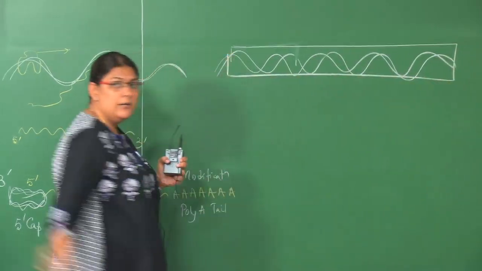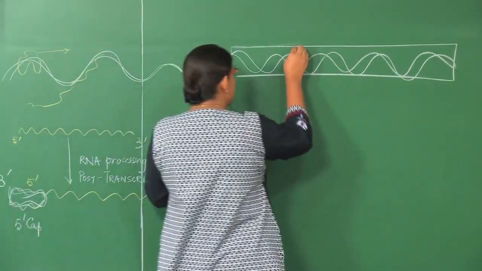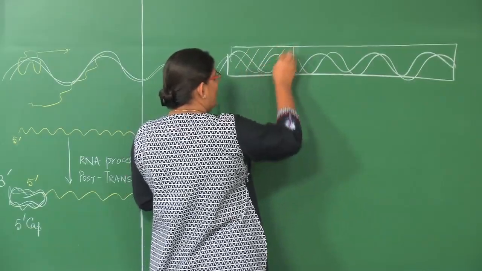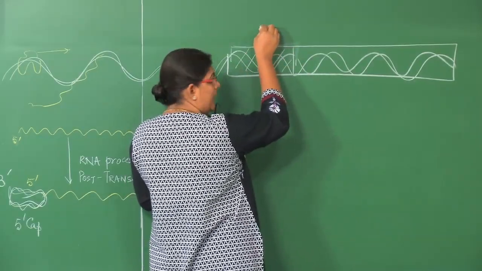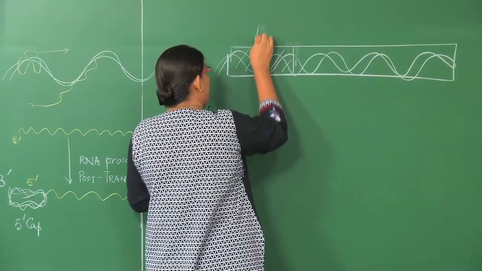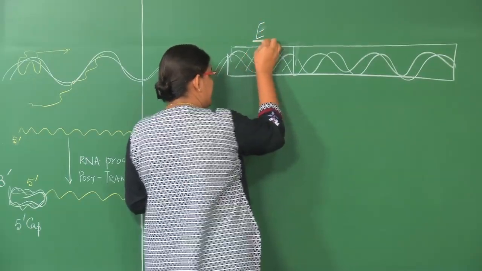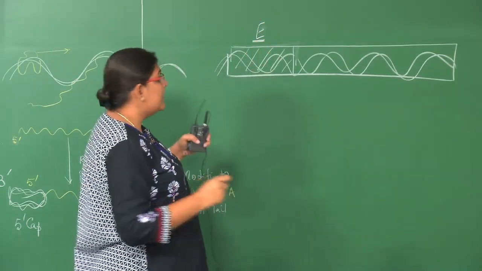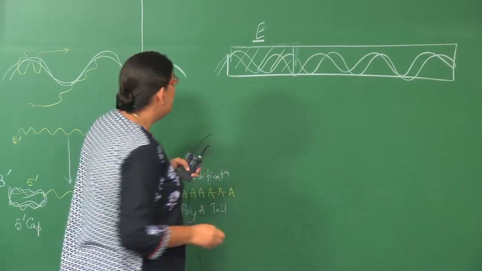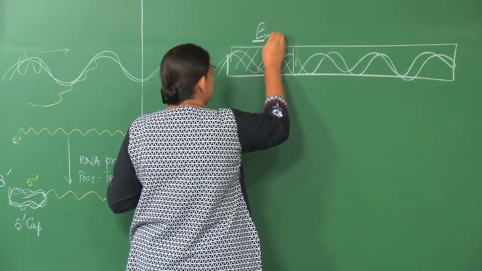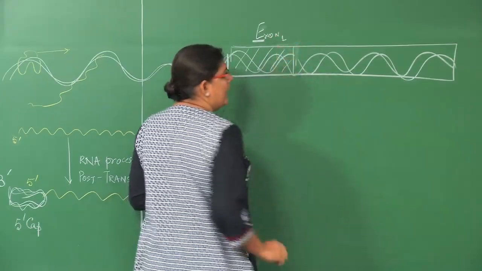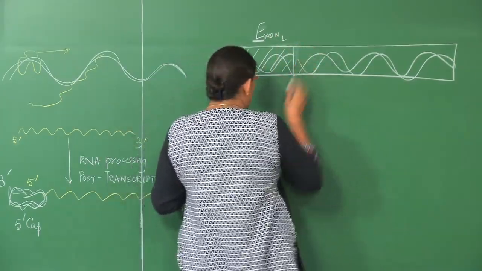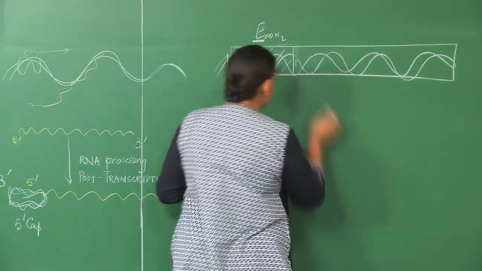Now, this gene will have regions which actually code for a protein. They are called the exons, E for expressing parts, the parts which get expressed into proteins. So, it will have exons. Let us say this is exon 1, and then in between it has a region which does not code for anything.